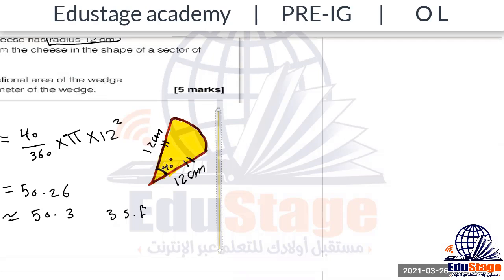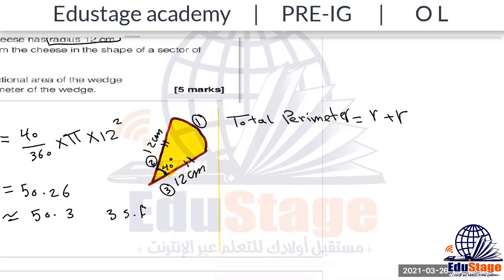The arc itself is number 1 here, and r and another r. So the total perimeter equals r plus r plus the length of the arc.